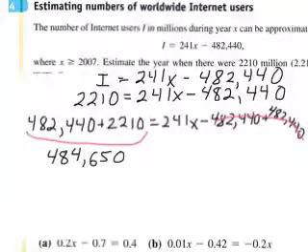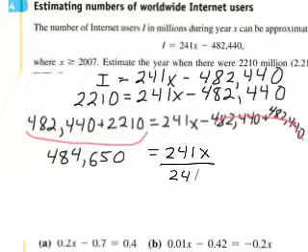Okay, I did that on the calculator. 484,650 equals 241x. And of course, now to get our x alone, we've got to divide by 241. We divide both sides by 241, the x will be just x, right? So, dividing by 241.